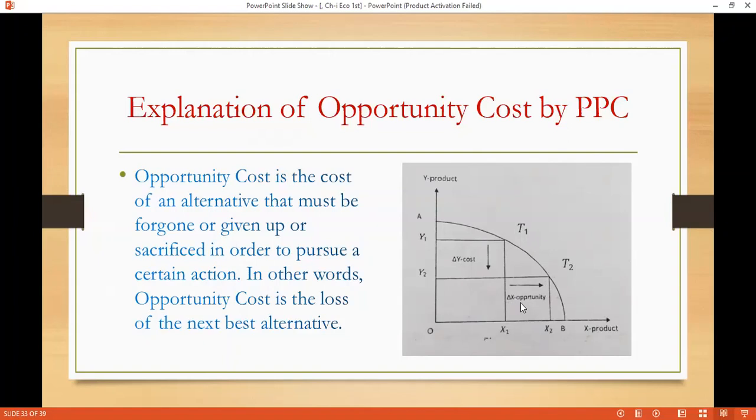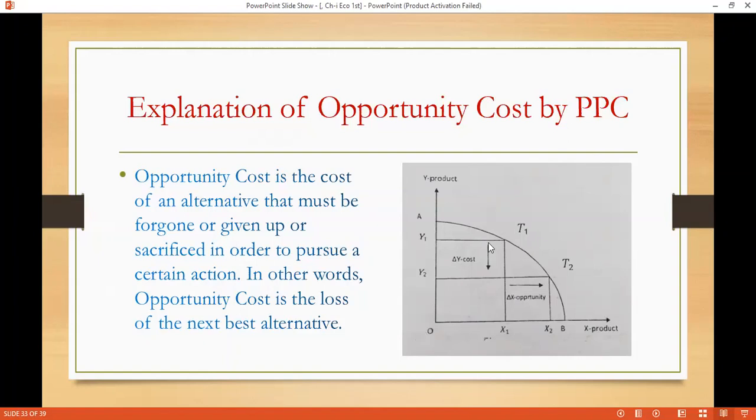That is, to get the opportunity of extra X product, we have to sacrifice or give up the Y1 to Y2 amount of Y product. This is del Y, the change in Y. At first it was 0 to Y1, but for producing extra X1 to X2 product, we have reduced production of Y from Y1 to Y2.